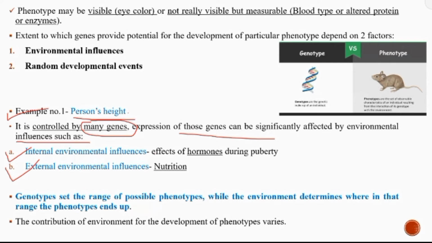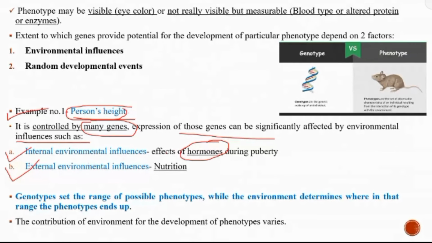The internal environmental influences, for example, are the effect of hormones. Growth hormones affect the person's height. If they are produced in a sufficient amount, then the person's height will be normal. Otherwise, it will not be.